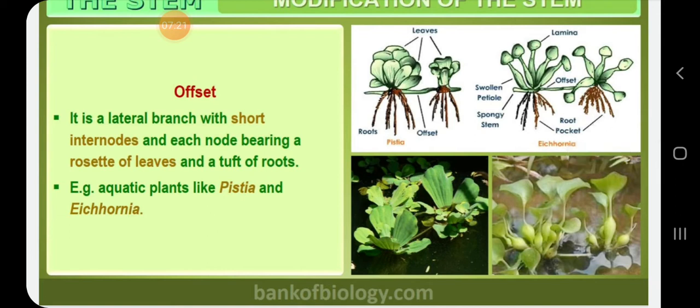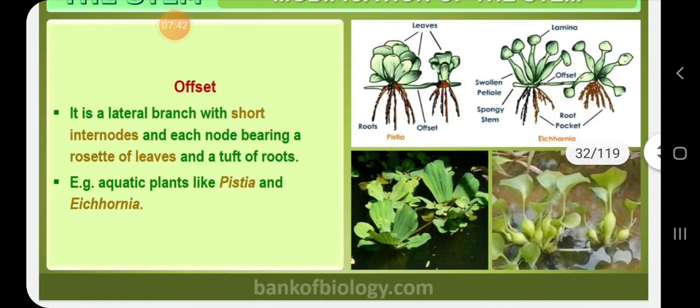Offset. This happens in Eichhornia, Pistia. Eichhornia, if you have seen in the polluted water, these plants grow. So it is a lateral branch with short internodes and each node bearing a rosette of leaves and a tuft of roots.